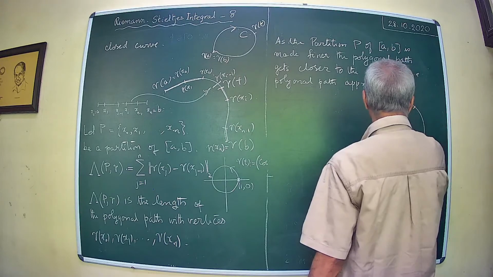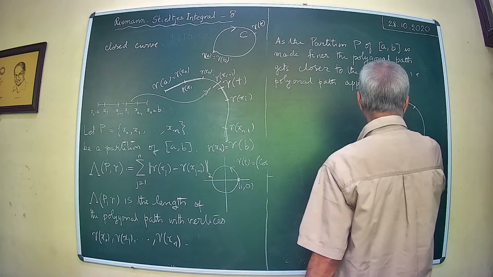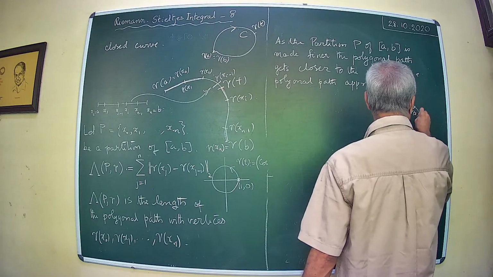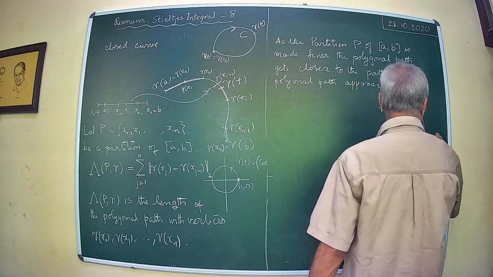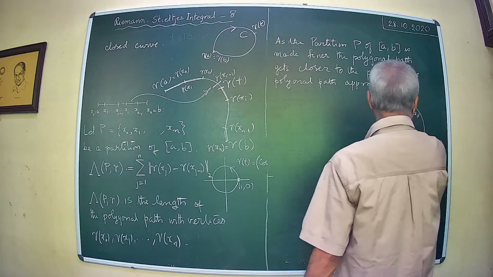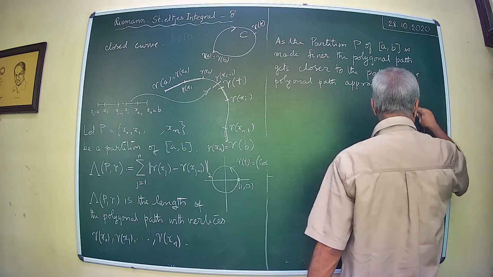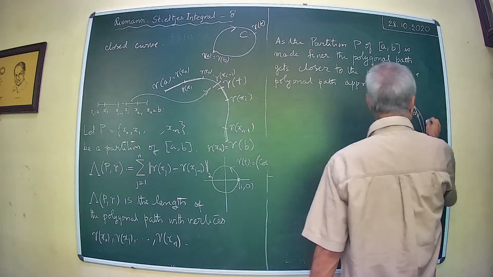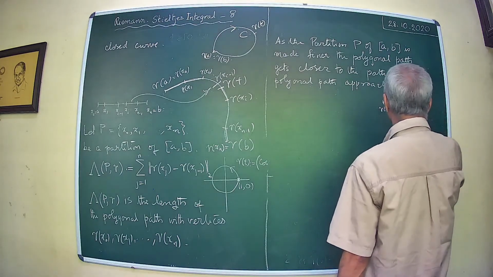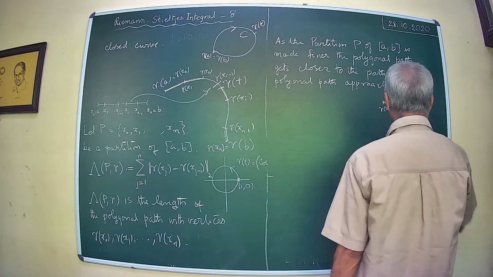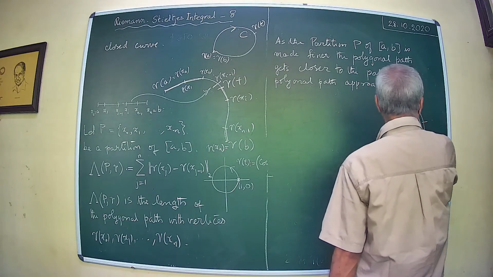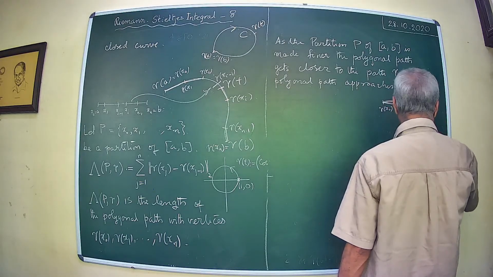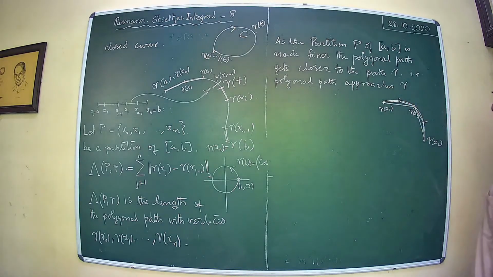Just take an example. Suppose this is gamma x naught, this is gamma x1, this is gamma x2, and this is the polygonal path that you make. Suppose you make it finer by introducing two more points here. Then what happens? The polygonal path that you cut out becomes closer. So this is the example.